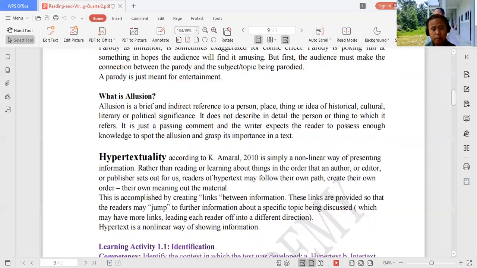Readers of hypertext may follow their own path and create their own order and meaning out of the material. This is accomplished by creating links between information. These links are provided so that readers may jump to further information about the specific topic being discussed. So hypertext is a nonlinear way of showing information. That is hypertextuality, class.